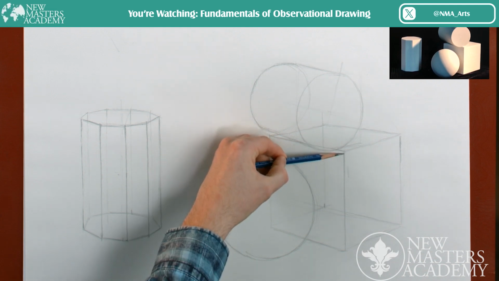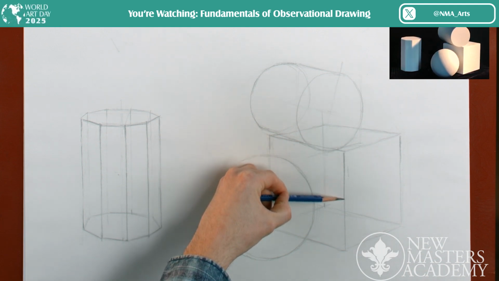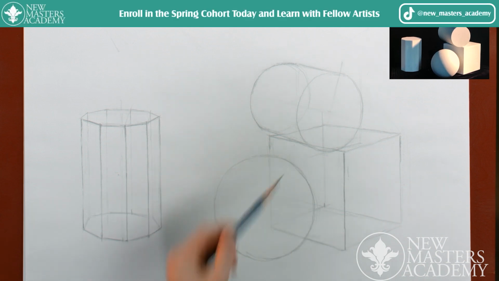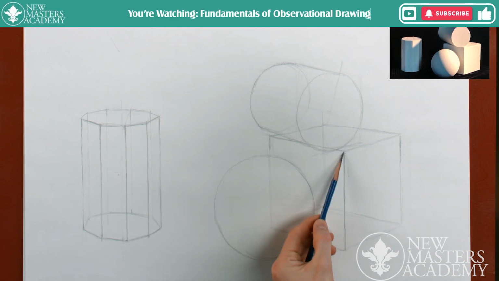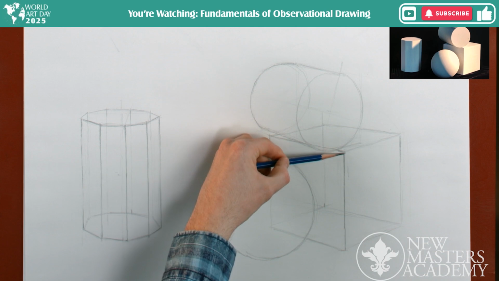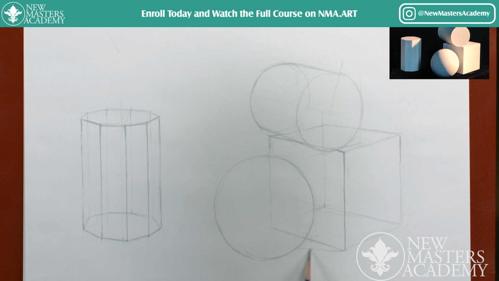So remember that the terminator is the edge. So let's begin by just finding all of the terminator. And after it's in place, just find the outline of the cast shadow.